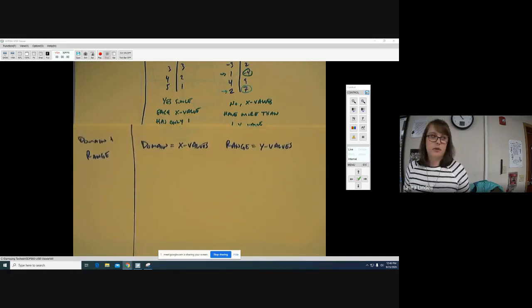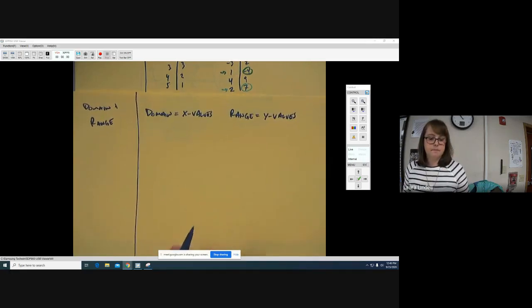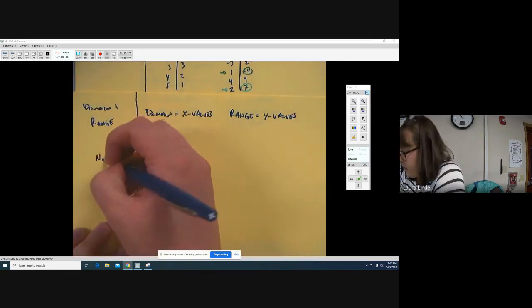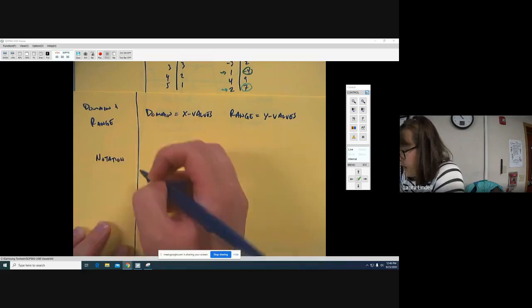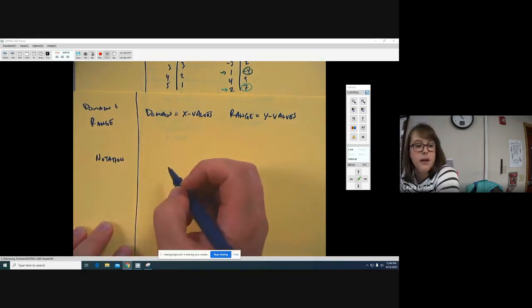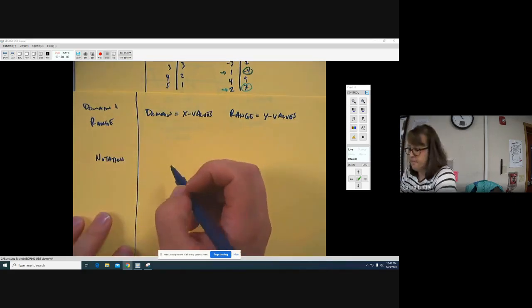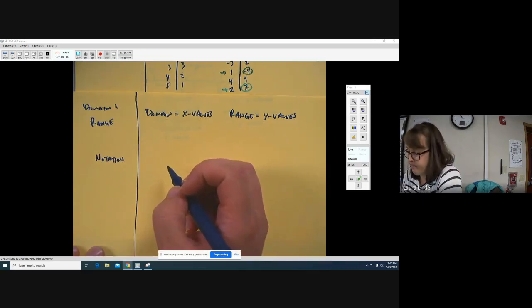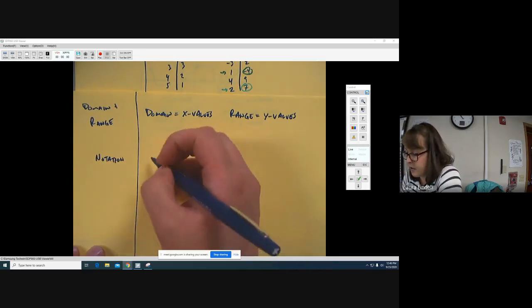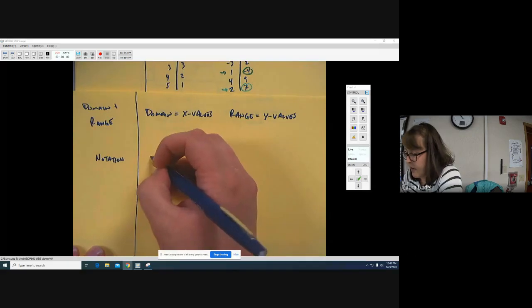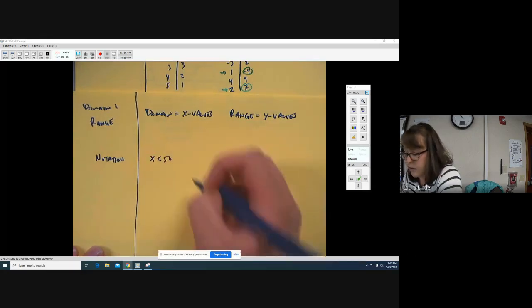It's going to be the most frequent type of notation that you see for this. Okay, so notation. Kind of a side note here, but let's say that my domain, I wanted to denote X values less than 50 only.